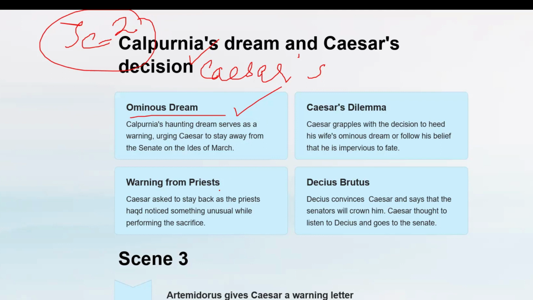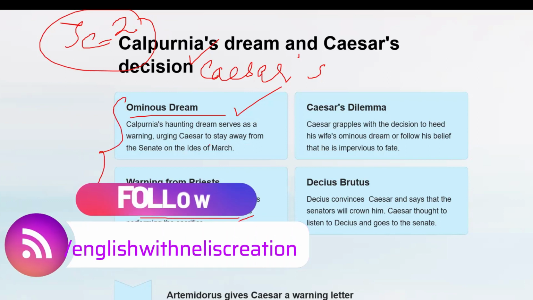And on top of that, there is also another warning from the priest. When they had pulled out the entrails of the animals, a servant brings the news that when they did the sacrifice, they could not find a heart within the beast. So Julius Caesar was asked to stay back as the priest had noticed something unusual while performing the sacrifice. So these are the two major warnings he gets about not going out.